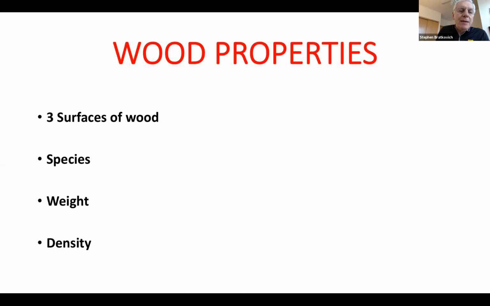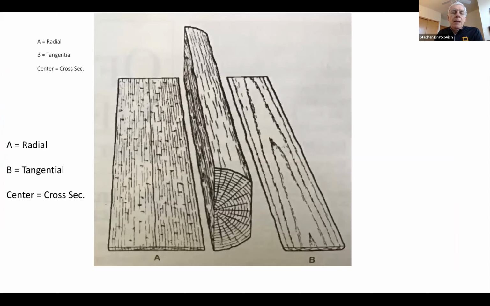just bear with me. I'm going to talk a little bit about the 3 different surfaces of wood, and then the species, weight, and density issues. Okay, and on the slide, you'll see that there are 3 main surfaces of wood.